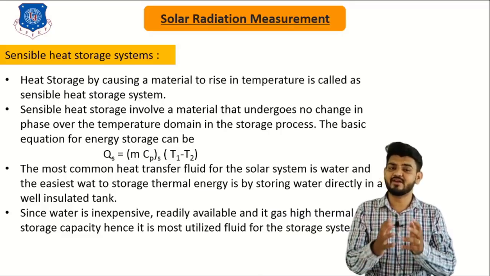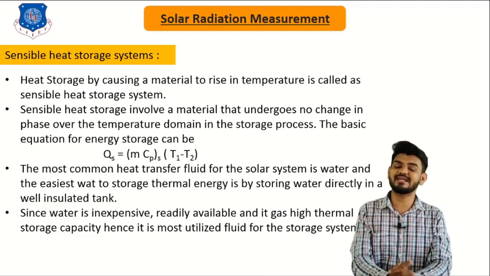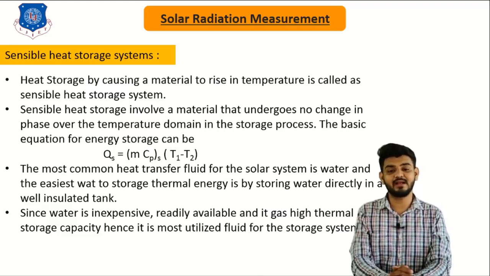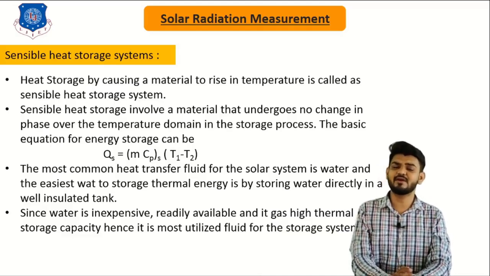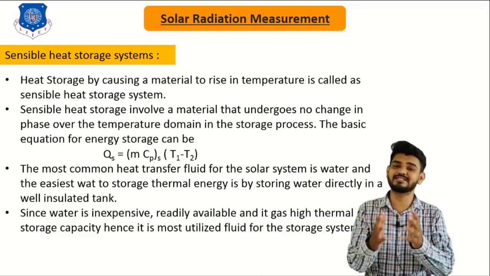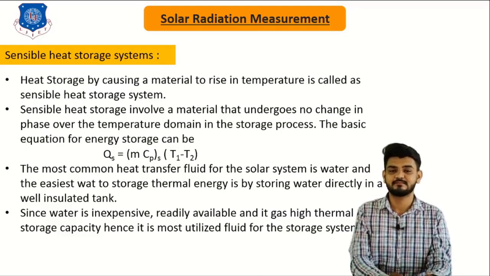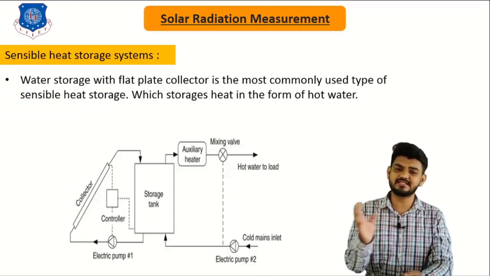When we require such heating applications, we utilize this hot and warm water. Since water is inexpensive, readily available, and has high thermal efficiency, we always utilize water as the working fluid for sensible heat storage. Water storage with the flat collector is shown in this diagram.